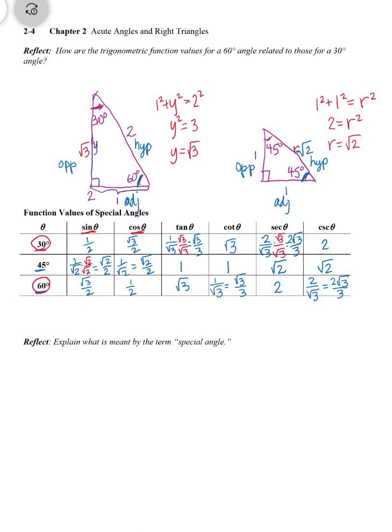That means that sine of 30 degrees should be the same as cosine of 60 degrees. And you see that's the case. And then cosine of 30 degrees should be the same as sine of 60 degrees. You can see that those are the same.